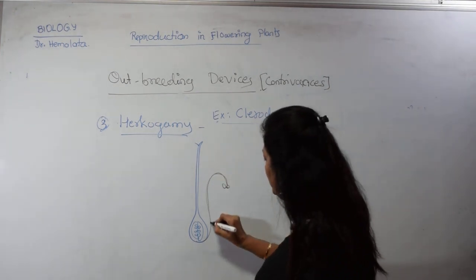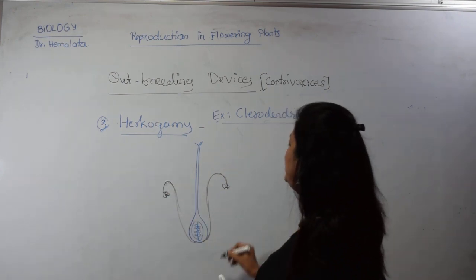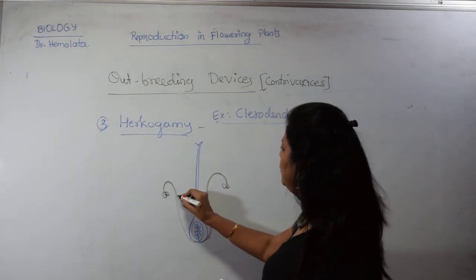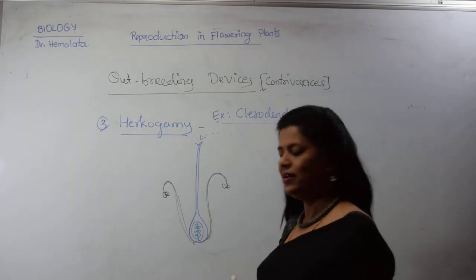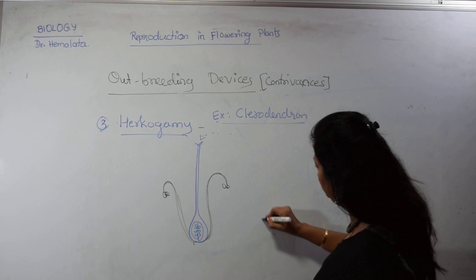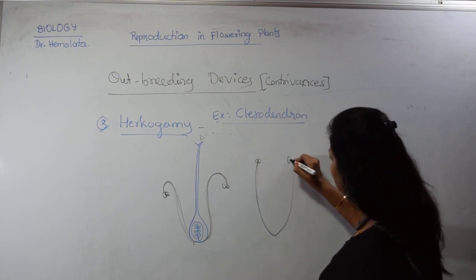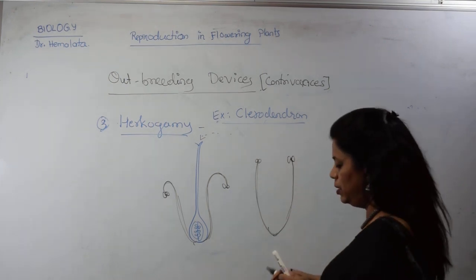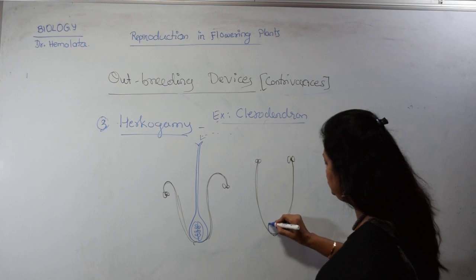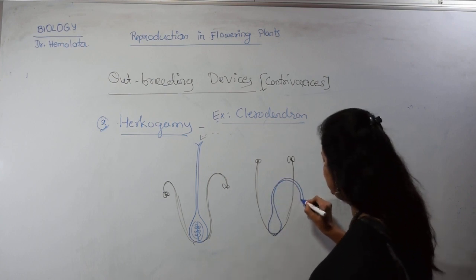Whatever I am drawing is an anther. Anthers bend down when the stigma is ready to receive the pollen grains. So some other pollen grains only should pollinate this. And when the anthers are straight, you can see here, the anthers are ready to pollinate. Then the very beautiful thing is, this stigma will bend down. See how beautifully they are adjusted.